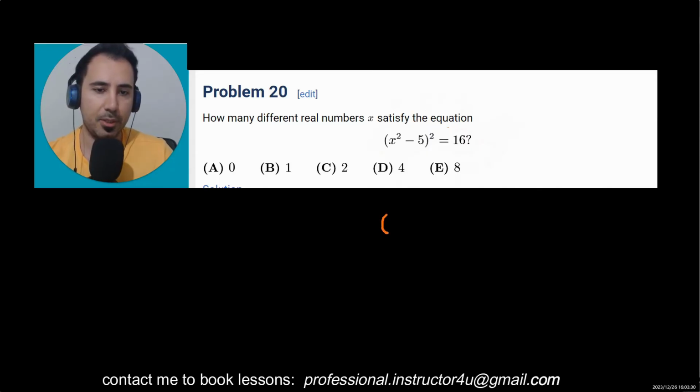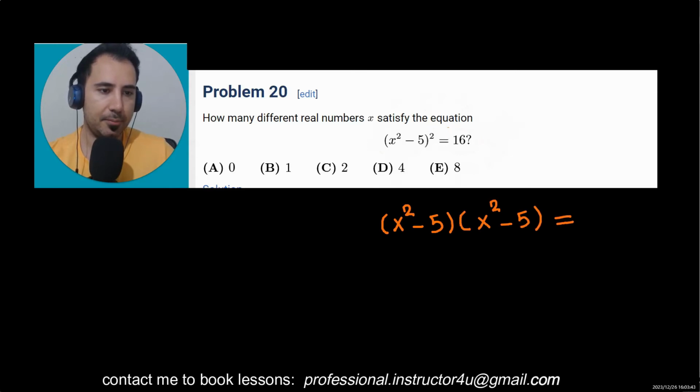I'm going to expand the left side, times x squared minus 5, is equal to 16, right? Remember, 4 times 4 is 16.